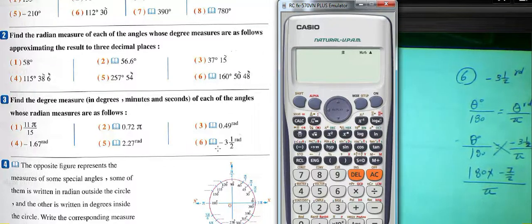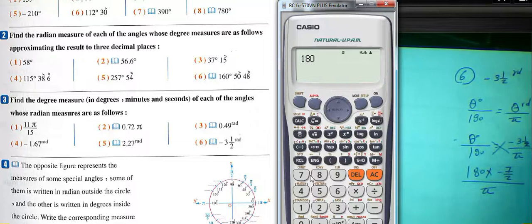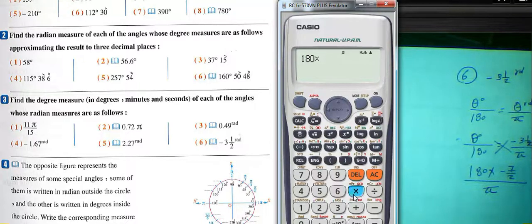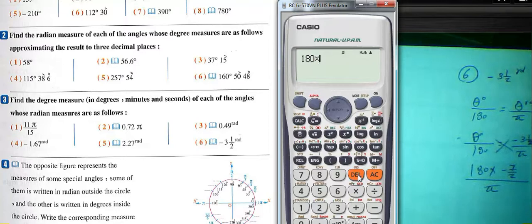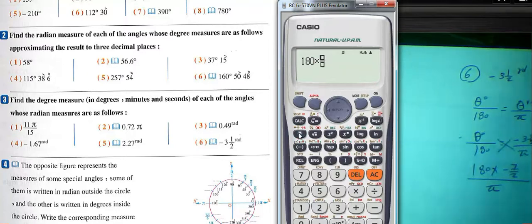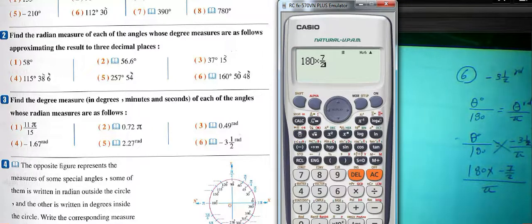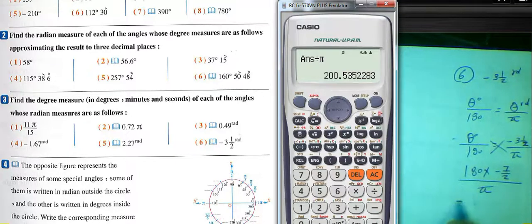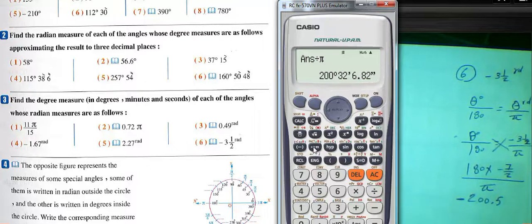And then we can use the calculator: 180 multiply by 7 over 2 equal, and then we can divide it by pi using shift and equal. The result is negative 200.5, and then we can convert to degrees, minutes and seconds.